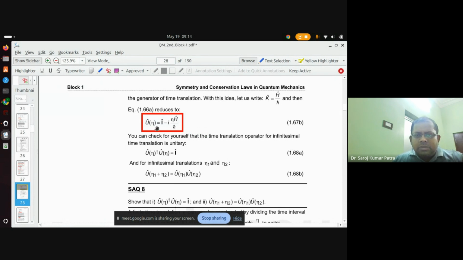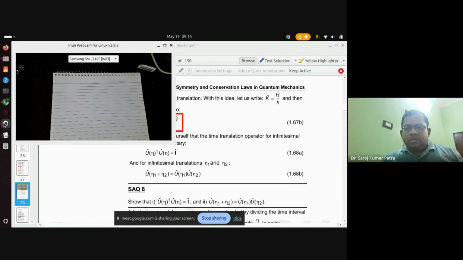If u is of this form, then you can check that u eta dagger into u eta is equal to the identity. It is very simple, right? What will be u eta dagger? All of you can evaluate, right?